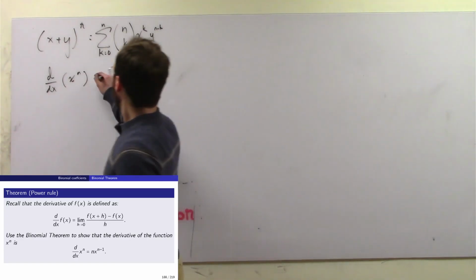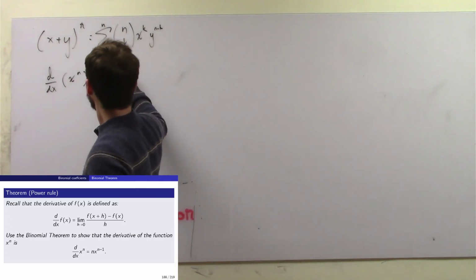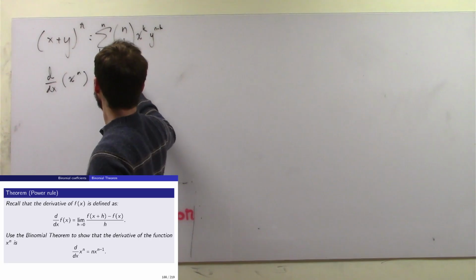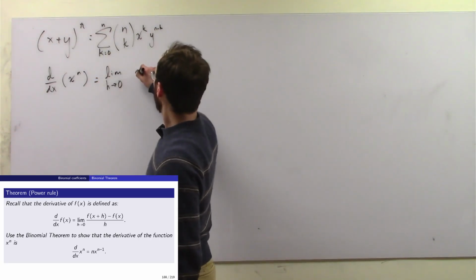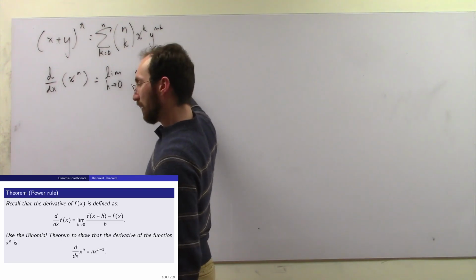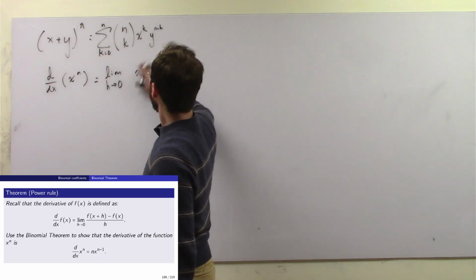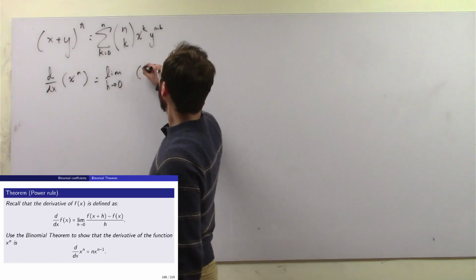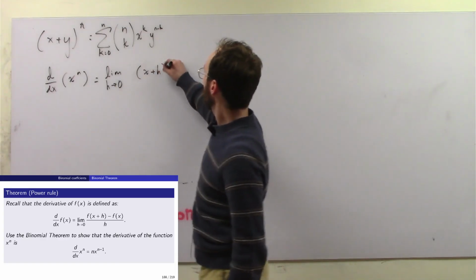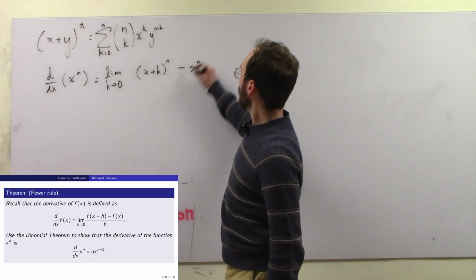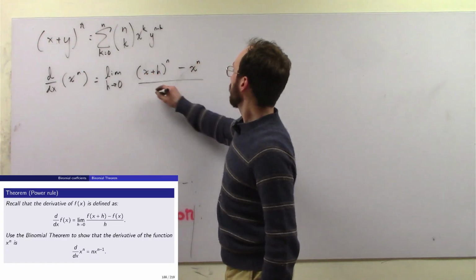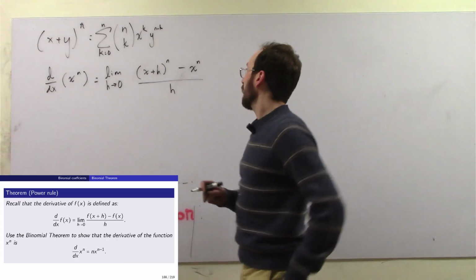Just by definition, that's the limit as h goes to 0 of (x plus h) to the n minus x to the n, divided by h.